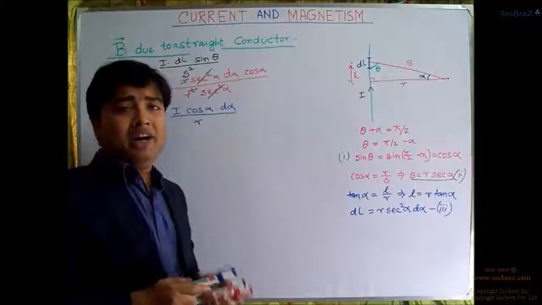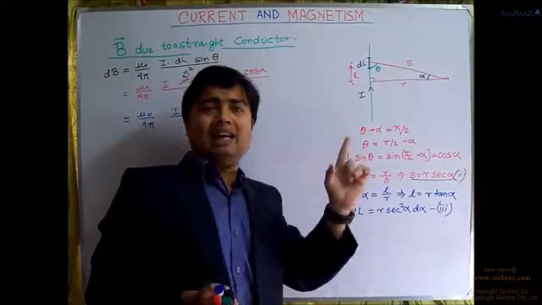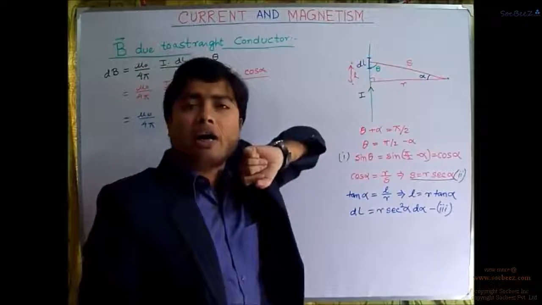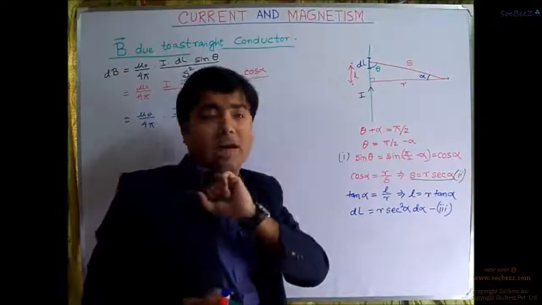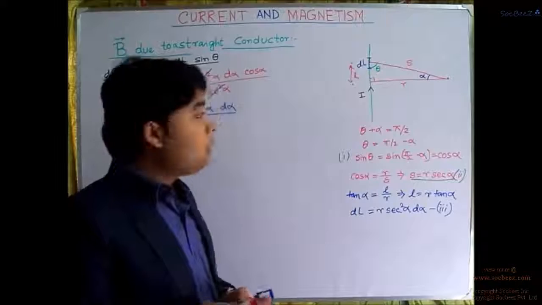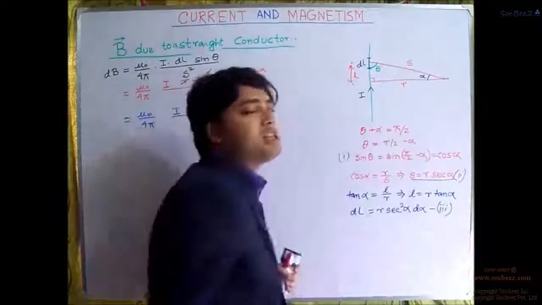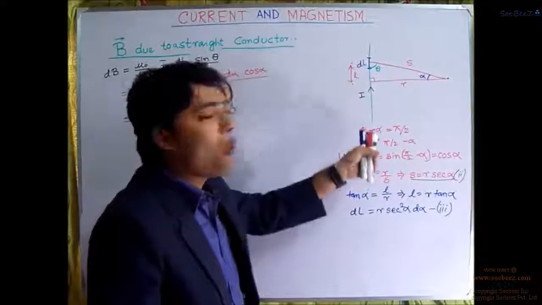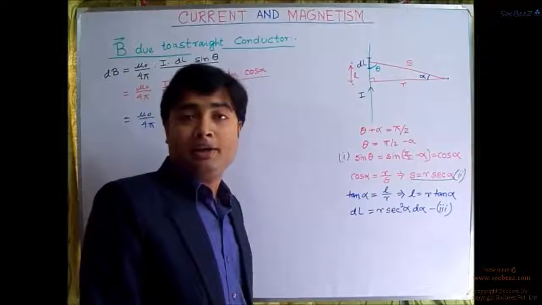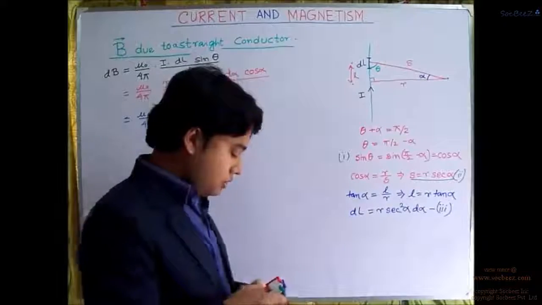Now we wish to find out the entire magnetic field. This is dB, the magnetic field that is produced only by a very small part of this straight wire. Now we wish to find out what would be experienced at this point due to the whole wire. So we have to integrate it, but with respect to which boundaries?